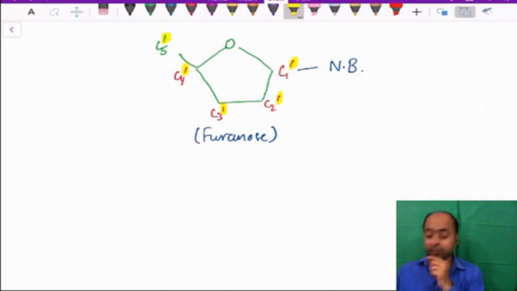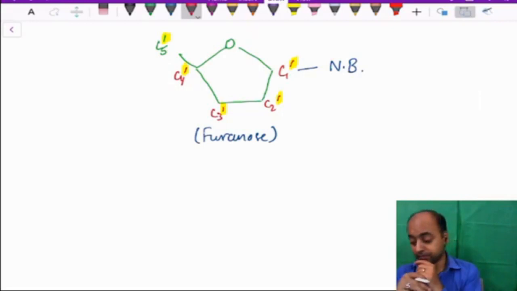For example, we say the orientation of the DNA, the orientation of RNA is from 5 dash to 3 dash end. So in this case, we are talking about the linkages between the sugars, not between the nitrogenous bases. The orientation is defined by linkages between the sugars. We'll see that later. Okay, so to distinguish between the sugar and the nitrogenous base, we use the annotation prime.